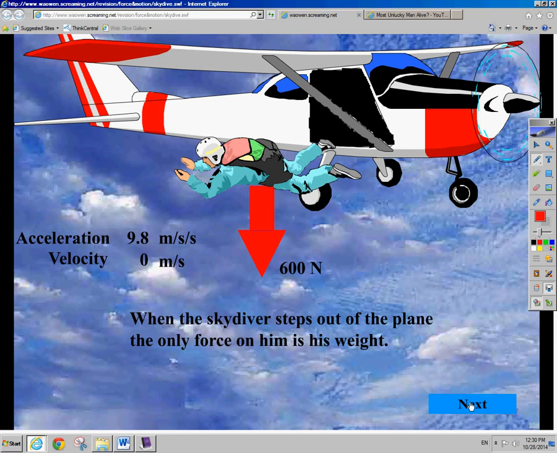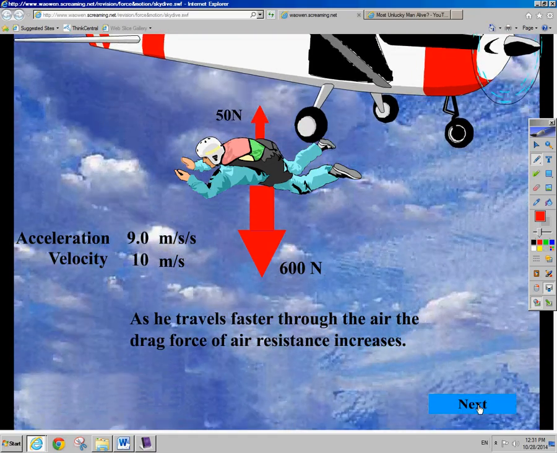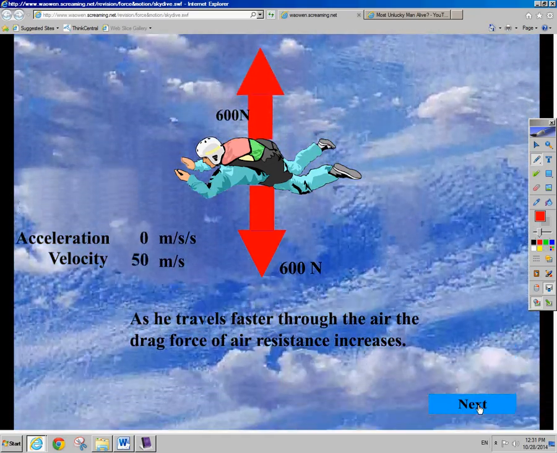As the skydiver starts to fall through the air, the wind pushing up against them causes their acceleration to decrease. This is very bizarre and complicated because their velocity is going to increase, but their acceleration is going to decrease because of the air resistance force. So check this out. It happens kind of quick. Ready? Here he goes. See how they're falling, falling, falling?